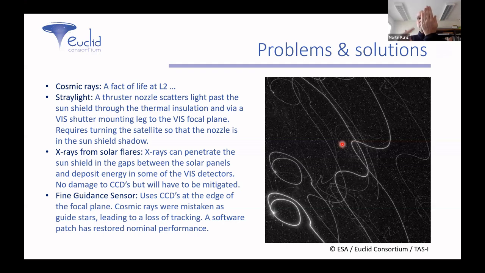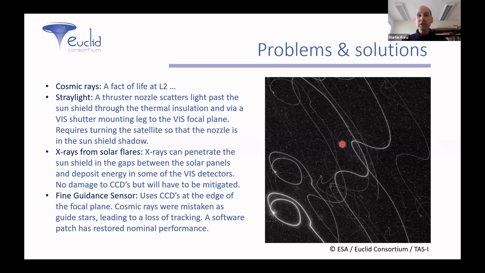But effectively, since this thruster is here, what can be done is you can turn the satellite a bit until this nozzle disappears behind the sun shield seen from the sun, and that solves the problem. But it puts extra constraints on the survey design. It makes it more complicated to find a good sequence of observations, and that's why the survey is probably going to take 6.5 years and not 6 years.